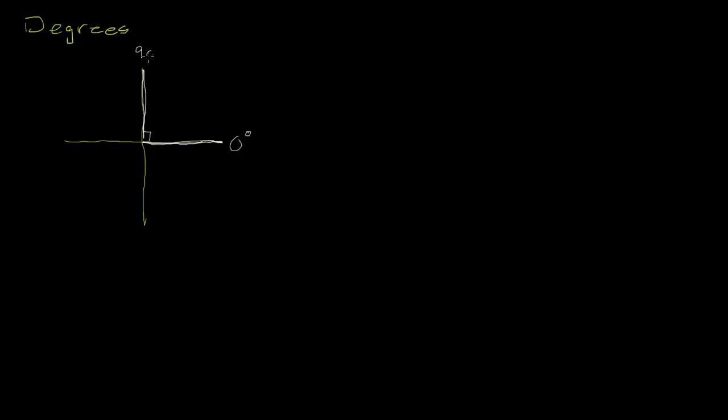Now, the thing about our angles is that's a rotation of 90 degrees in a direction. This is what's new. 90 degrees for us is a rotation in the counterclockwise rotation. So that's a rotation of positive 90 degrees.